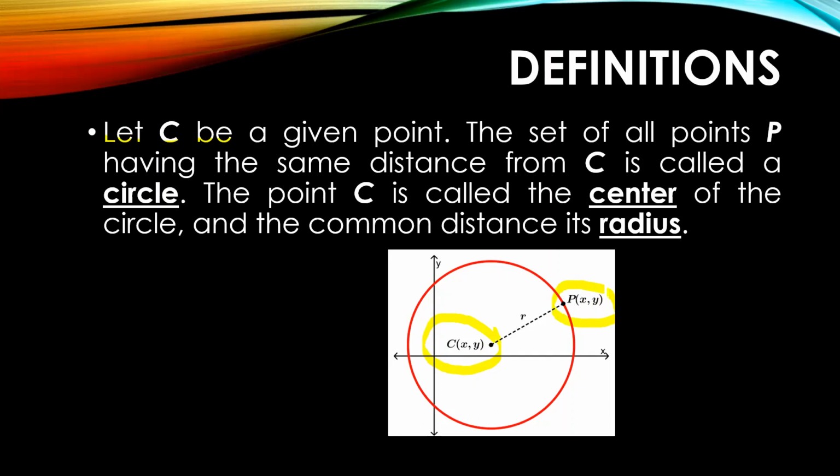C is the center, and all points P having the same distance from C is called a circle. The point C is called the center of the circle, and the common distance is called the radius. So this broken line is called the radius r.